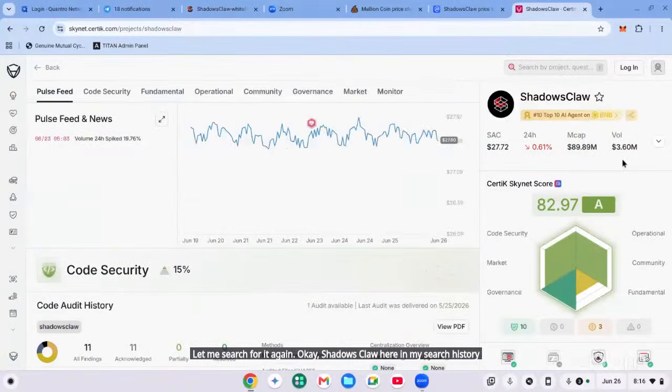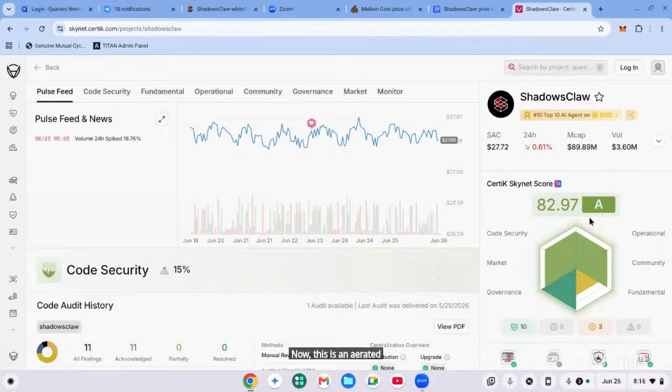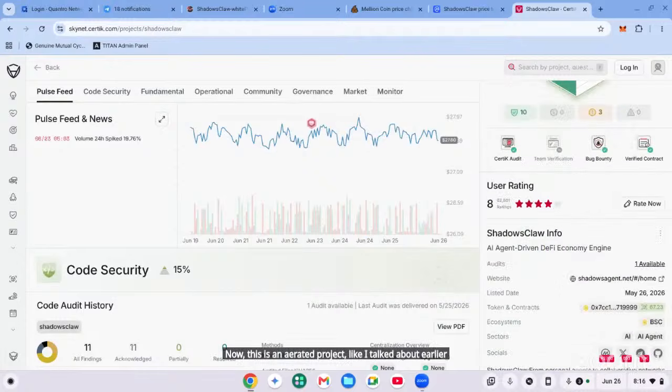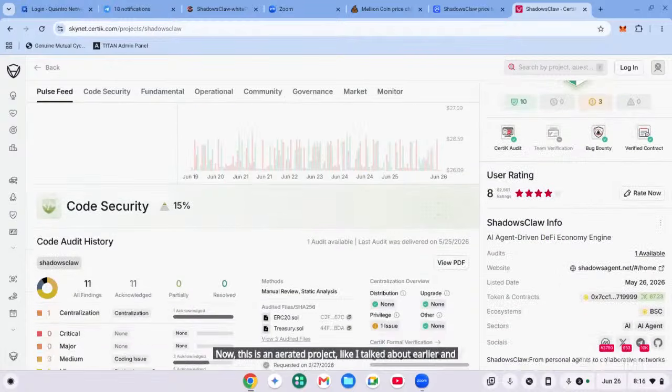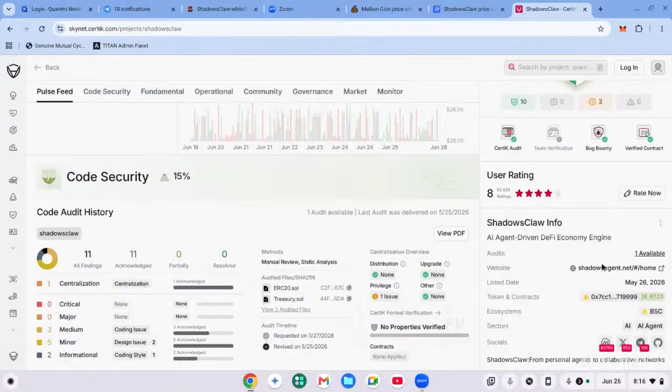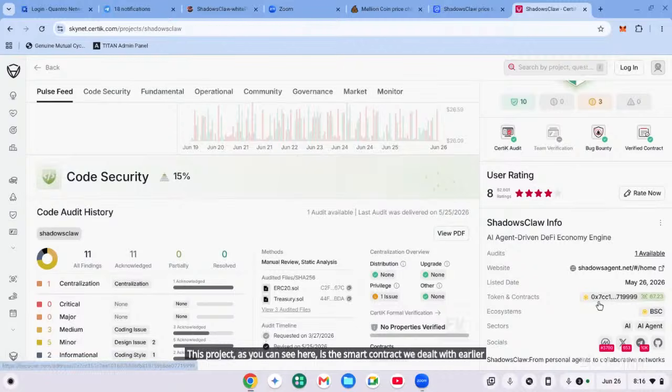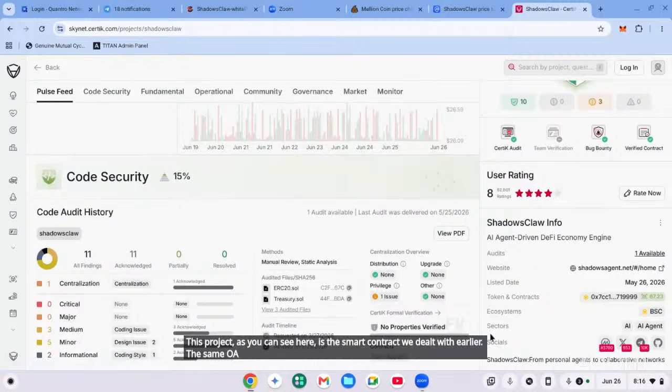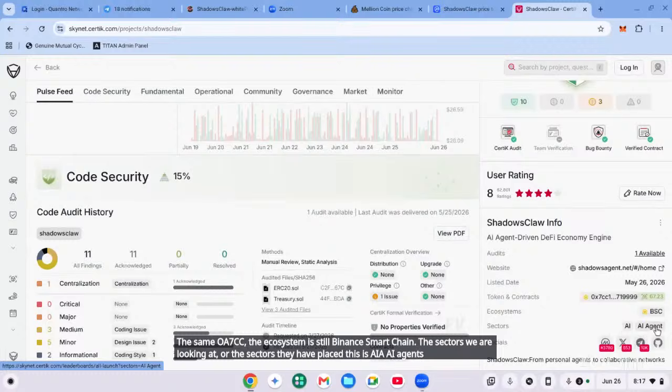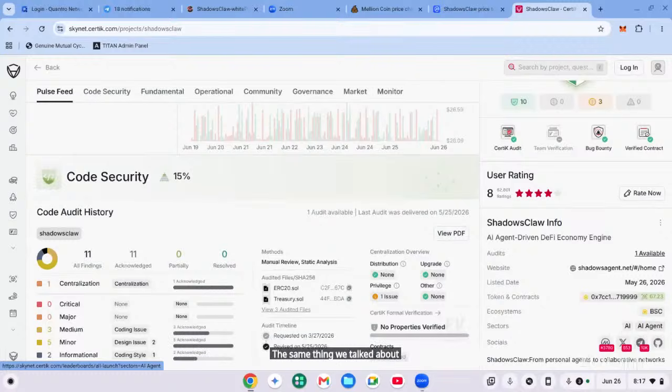Now, this is an A-rated project, like I talked about earlier, and this project, as you can see, here is the smart contract we dealt with earlier, the same 0x7CC. The ecosystem is still Binance Smart Chain. The sectors they have placed this in are AI and AI agents. The same thing we talked about earlier, and the rest.